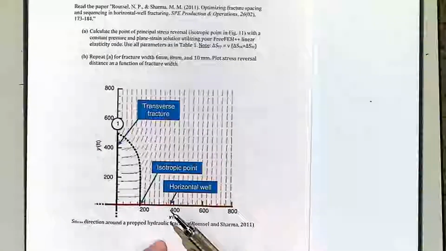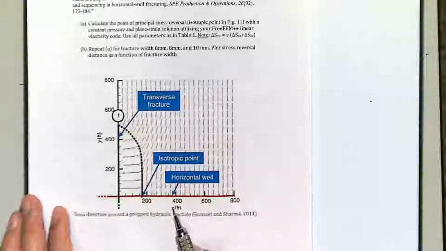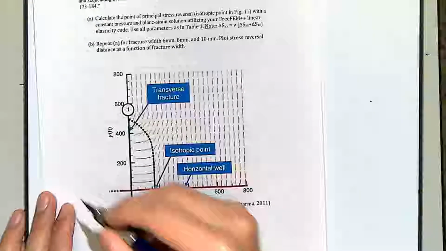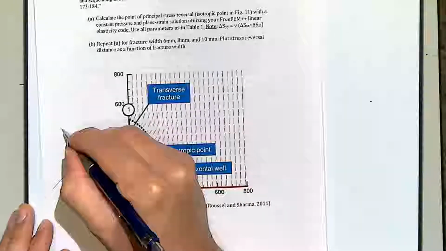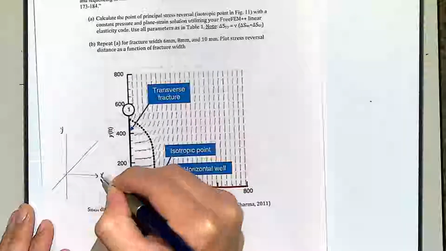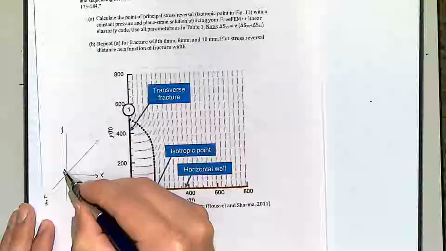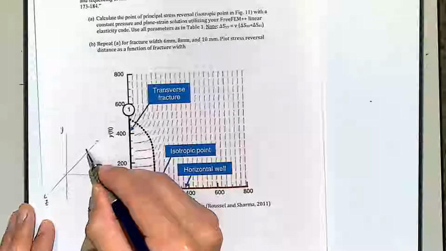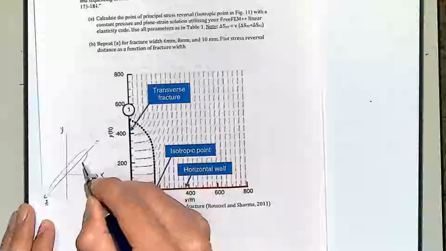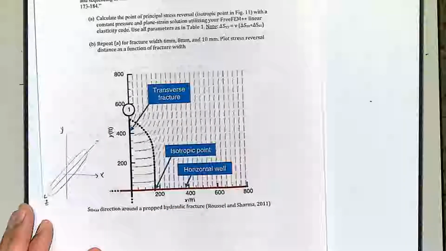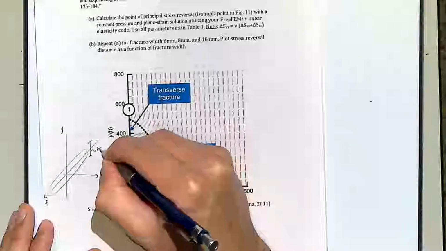In this case, what you're looking at here is this axis X, this axis Y, and this is a fracture that looks something like this. This is X. That should be Z. It's a fracture with a given height, which has propagated mostly in direction Z, and this is the height of the fracture.